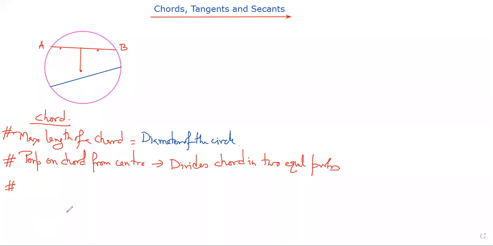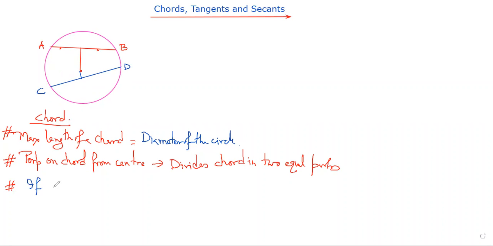But you can easily see this chord length is more than AB length. And if I drop a perpendicular from here also, the length of the perpendicular will also be less. So this is CD, another chord.